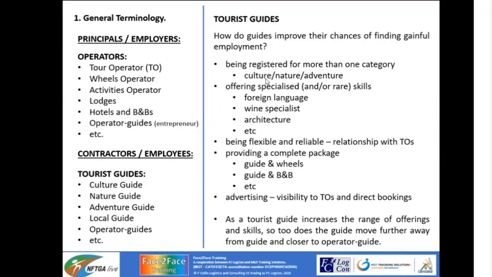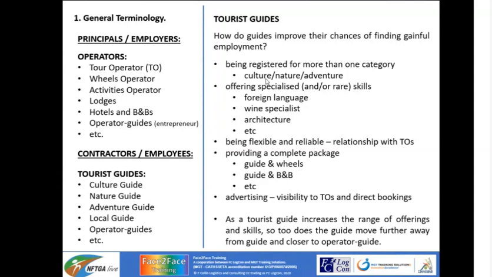You need to look at providing complete packages. The guide that has a vehicle might get more bookings than the guide that only sells the guide. So a guide and wheels is a more sellable combination than a guide only. A guide that has a B&B might take in bookings into the B&B and then sell guide services, whereas a guide that doesn't own a B&B doesn't necessarily put people into that B&B.